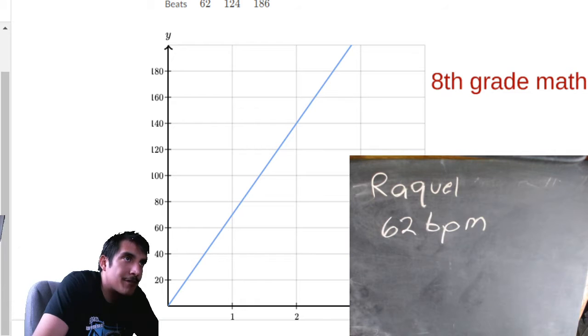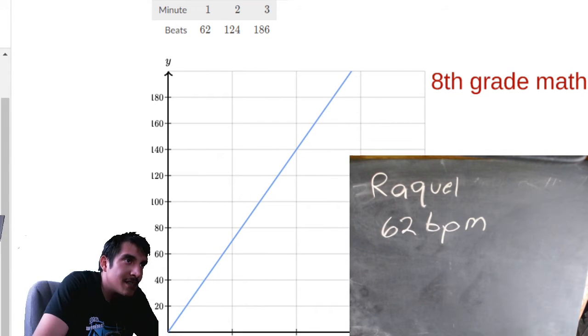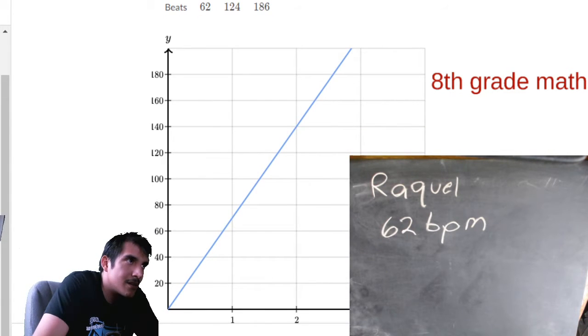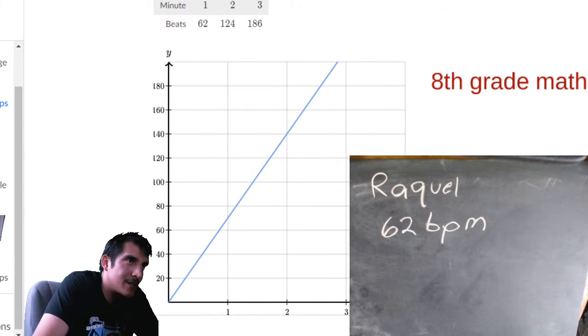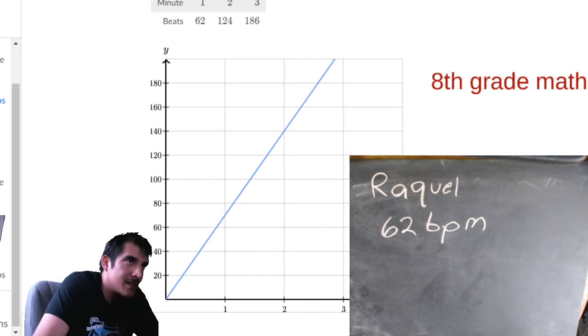Let's look at this graph, though. This is the graph that says this is what Raquel's heart rate should be if she's healthy. We start at 0, 0, and hopefully you found the other corner. The other corner on the graph is 140 beats in 2 minutes.